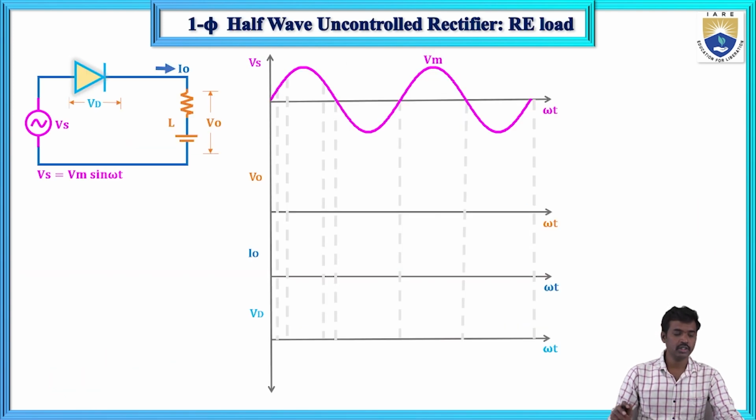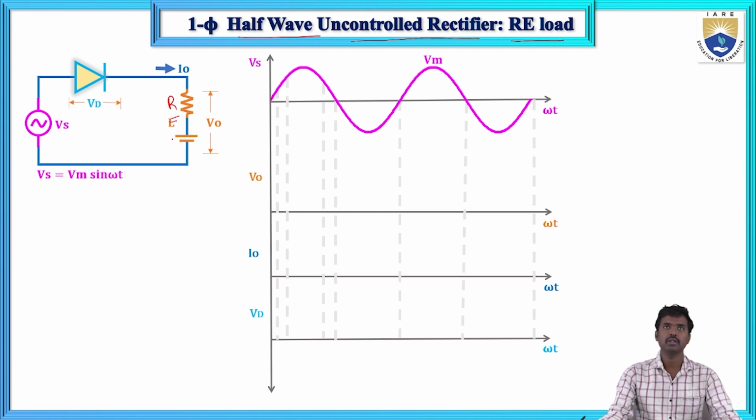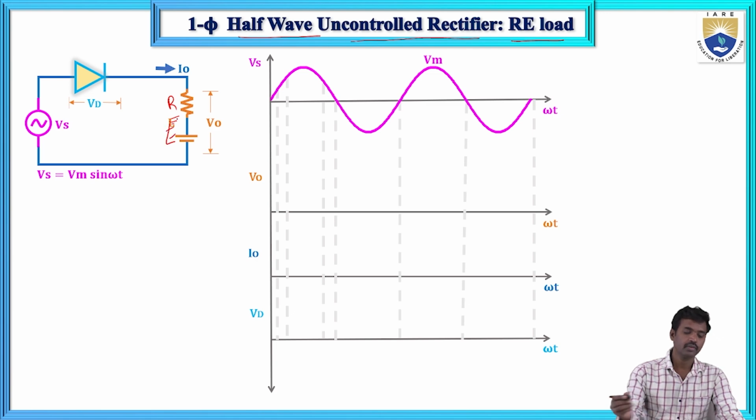This is the circuit diagram for the single phase half wave uncontrolled rectifier with RE type of load. This is the resistor and this is the battery, so it is a battery type load. Here is the output voltage.